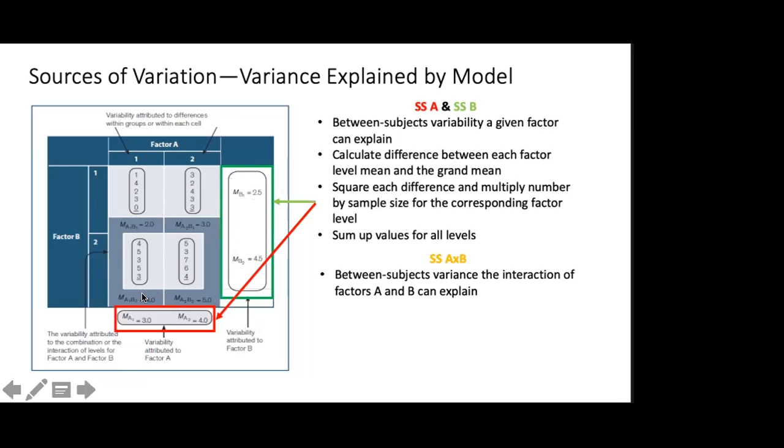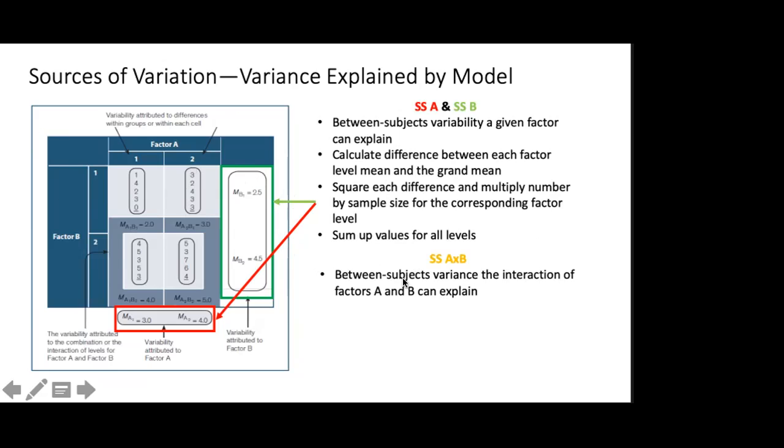And here it's 4 and 5, so the average is 4.5, and so basically the variability across the levels of B would be our SSB, right? So again, we square each difference, right? For each of the 5 subjects in this cell, we square the difference and sum everything up, going over these cells.